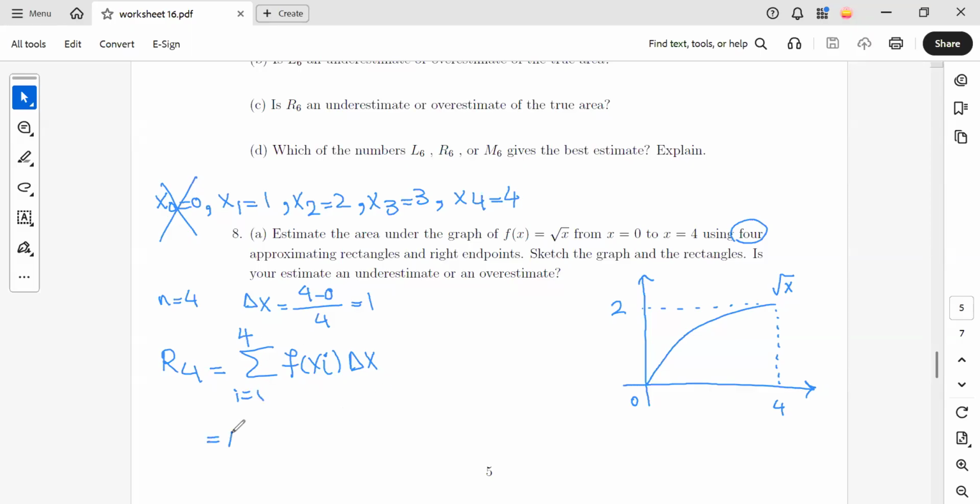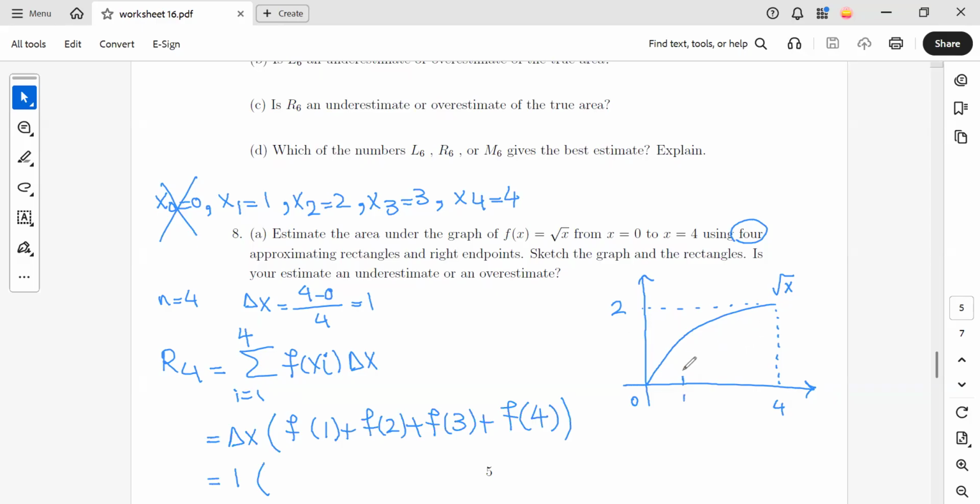We are going to factor out delta x. It will be f of 1, f of 2, f of 3, and f of 4. Delta x is 1, and f of 1 will be using the graph.